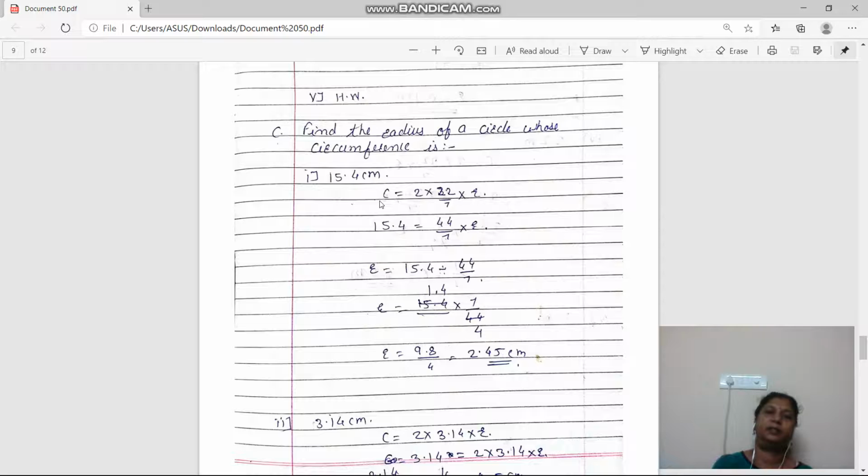C is equal to 2 multiplied by 22 upon 7 or 3.14 multiplied by r. So that means 15.4 is equal to 22 into 2, we get 44 upon 7 multiplied by radius. So I have to find out radius. So this 44 goes on the opposite side. It is multiplied, so we have to divide it.